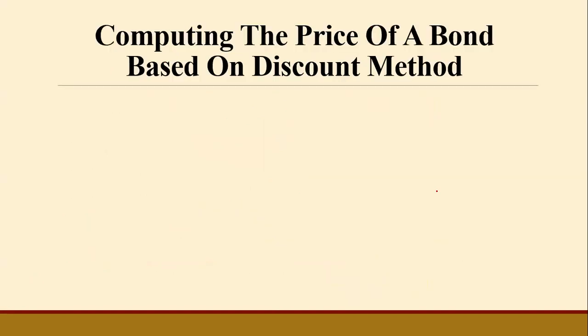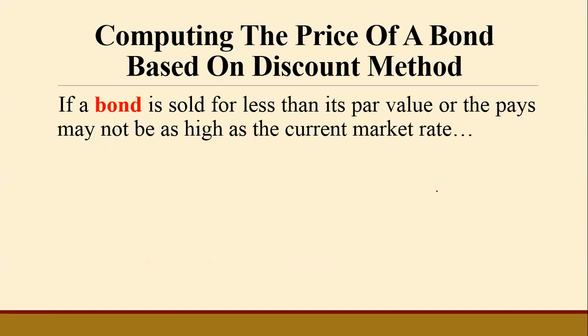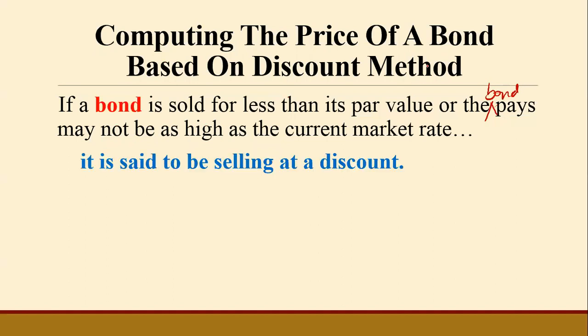And we have computing the price of a bond based on discount method. Oh, discount method naman ngayon. Kanina premium. This is discount. So if a bond is sold for less than its par value or the bond rate may not be as high as the current market rate, it is said to be selling at a discount.